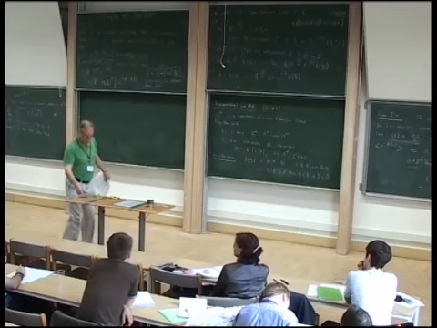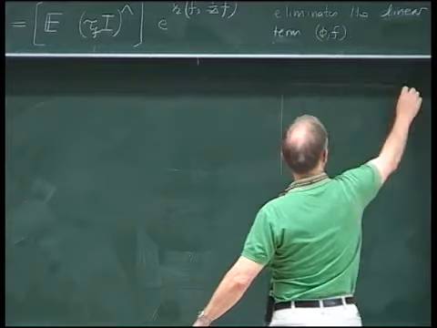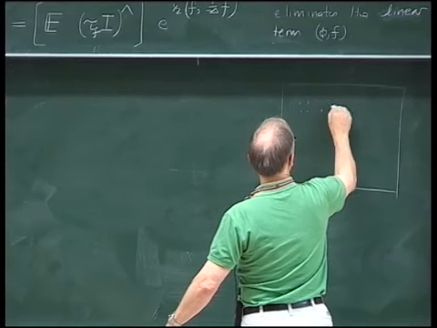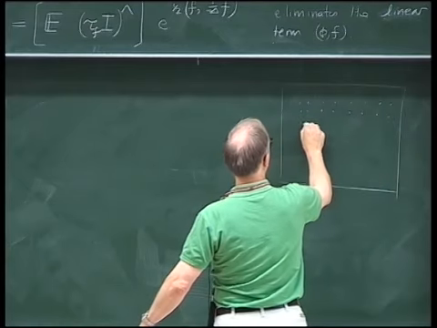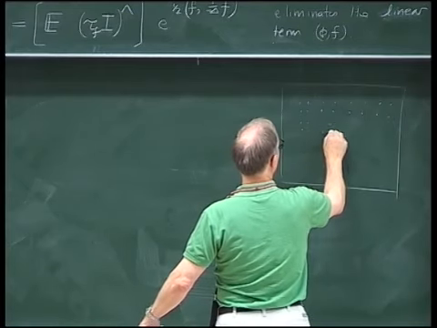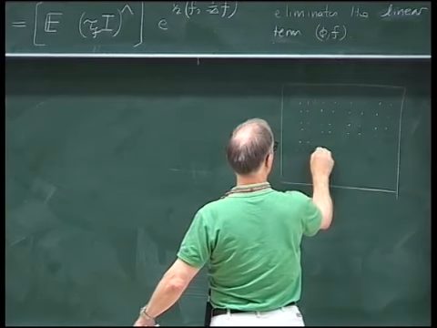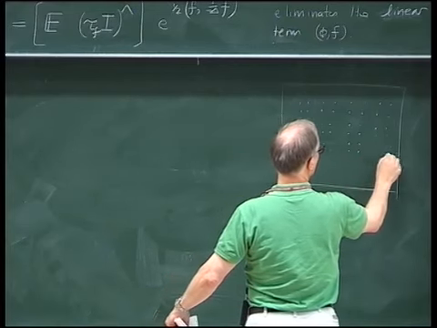I'll draw a picture first of a 2-dimensional lattice, and then I'll state the example more carefully. So you have your lattice points. I have to draw a fair number of them. Maybe I've drawn enough.